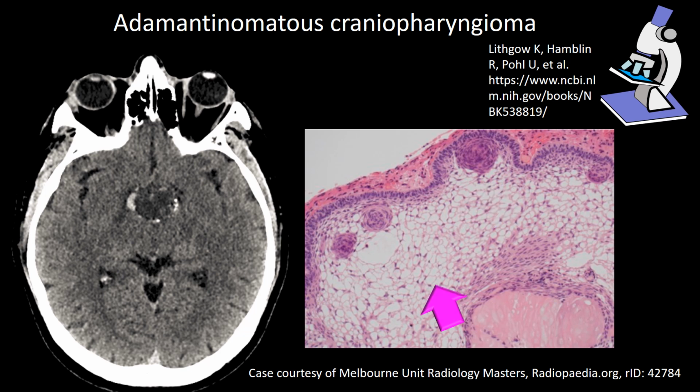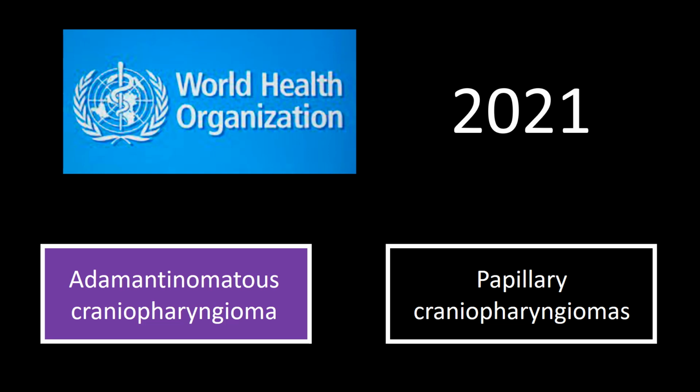We also find areas of pale microcystic-like structure termed stellate reticulum and pale eosinophilic wet keratin nodules. This concludes our discussion regarding adamantinomatous craniopharyngioma.